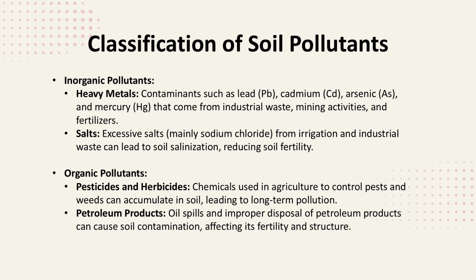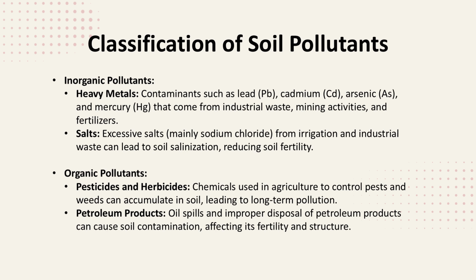Inorganic pollutants include heavy metal contaminants such as lead, cadmium, arsenic, and mercury that come from industrial waste, mining activities, and fertilizers, and excessive salts, mainly sodium chloride from irrigation and industrial waste, which reduce soil fertility due to salinization. Organic pollutants are the pesticides and herbicides, chemicals used in agriculture to control pests and weeds, that can accumulate in soil, leading to long-term pollution.